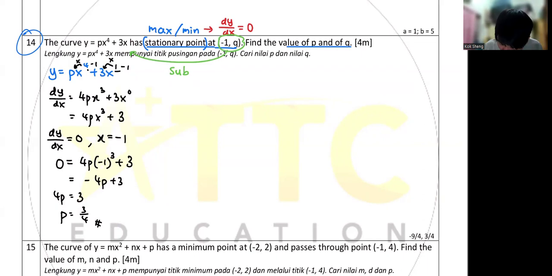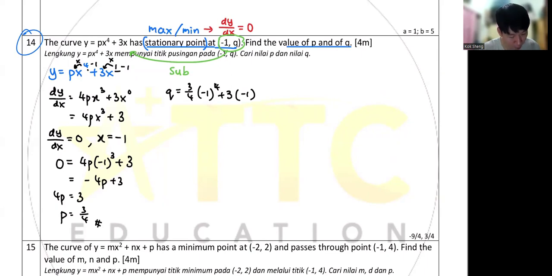-1 is x, the q is y, p is 3/4. Yeah, we can expand, find the value of q.